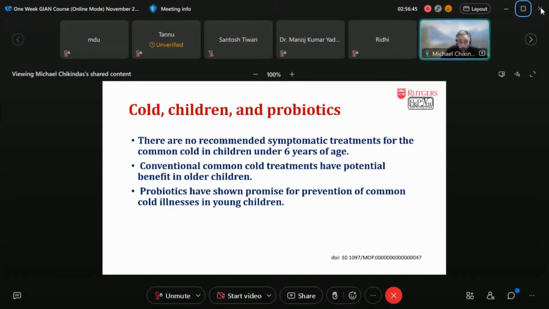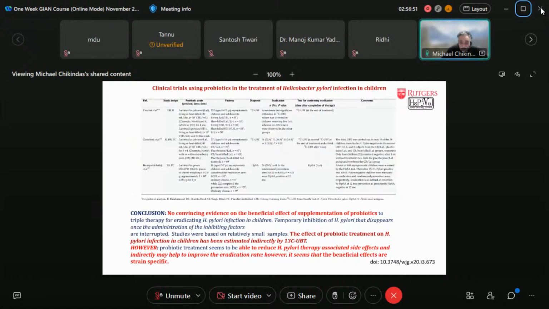Clinical trials using probiotics in the treatment of Helicobacter pylori infection, which is a different situation. And again, sadly, what we have here is the conclusion: no convincing evidence on the benefits of the supplementation of probiotic.